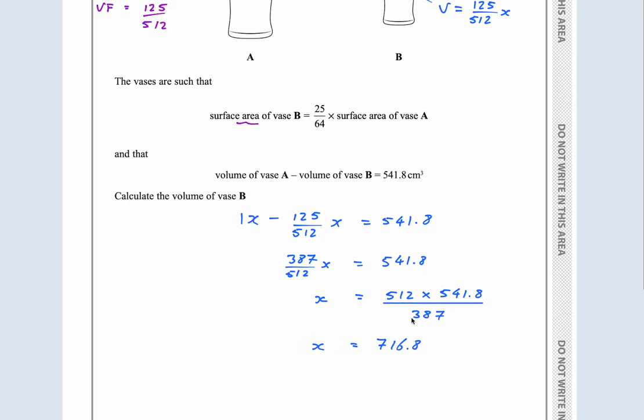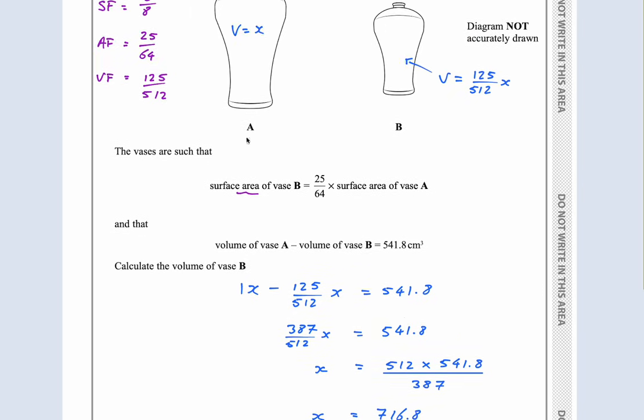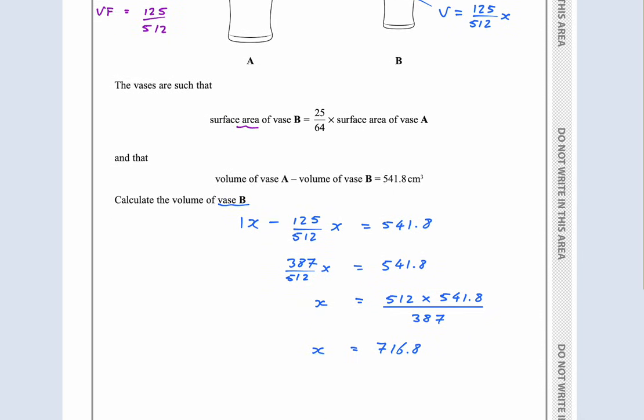Now bear in mind, guys, that's the volume of A. They've asked us for the volume of vase B. So how do I get the volume of vase B? Well, I have to get 125 over 512x.